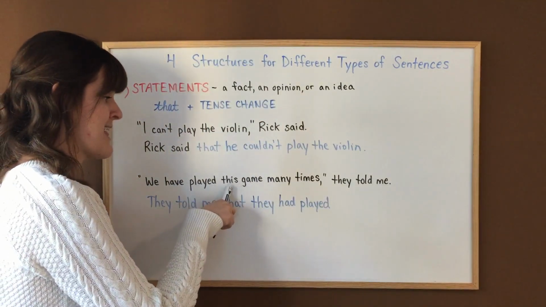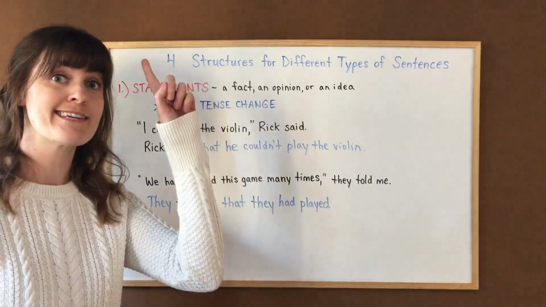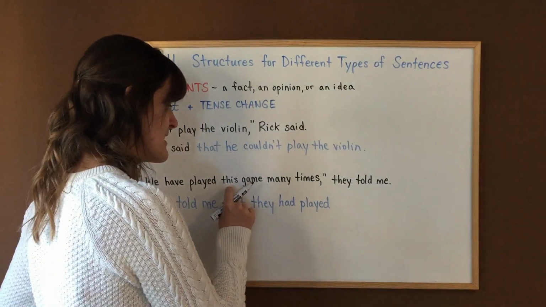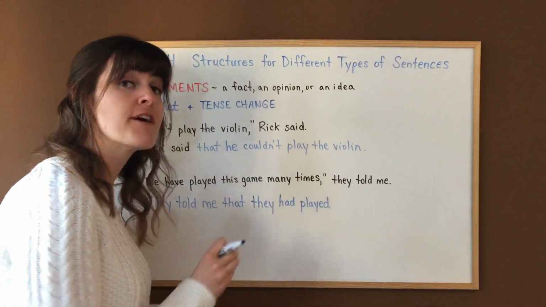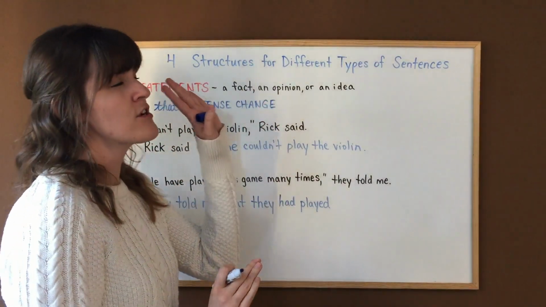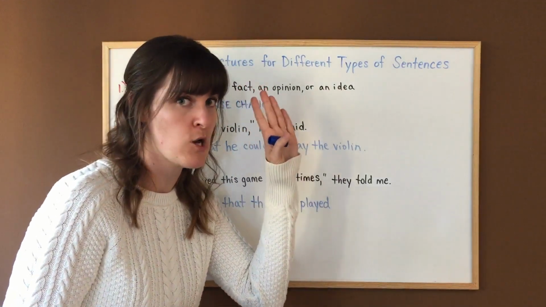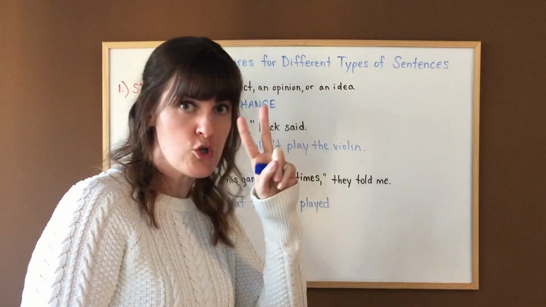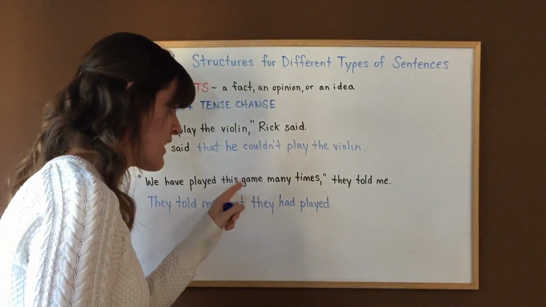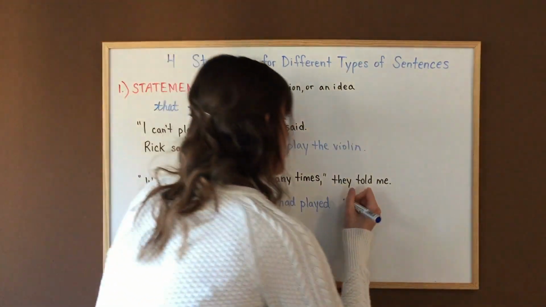Back to our sentence. This game, do we have to change anything here? Ding, ding, ding. This is a word that we have to change. It's sensitive. Look at your chart that you should have from last year, or if you don't have the chart anymore, you should have seen it in a previous video, my part 2 video of reported speech. The word this in reported speech changes to that.